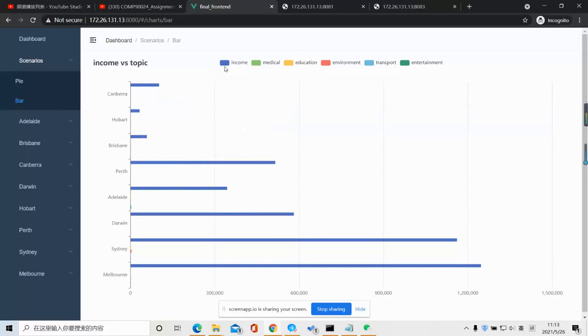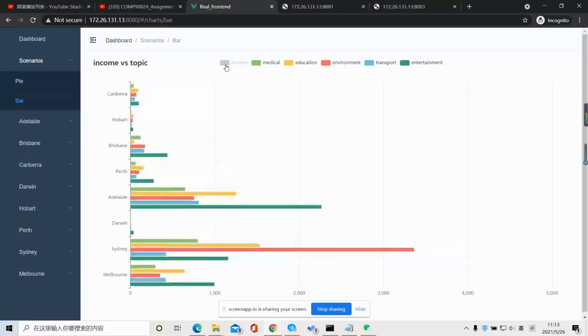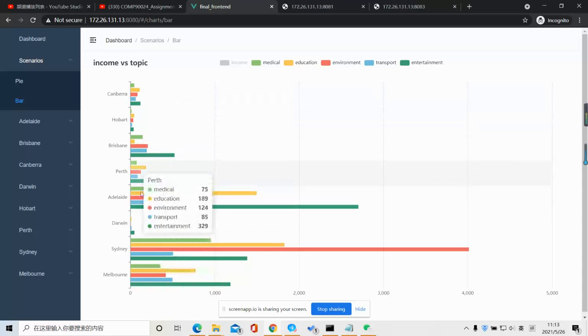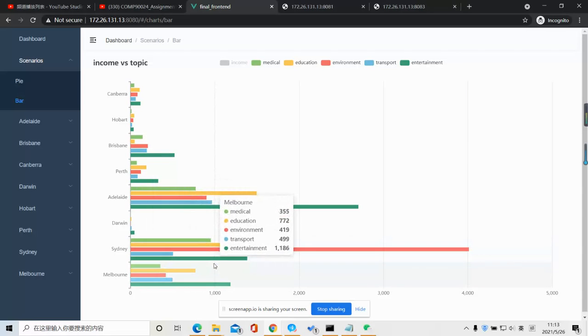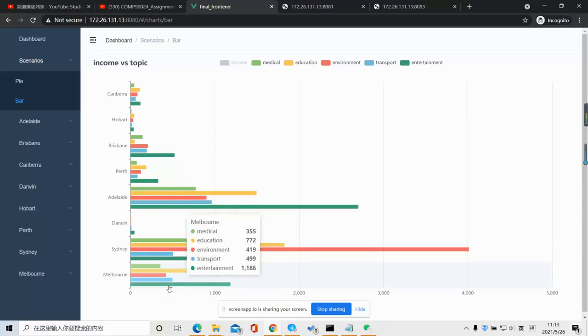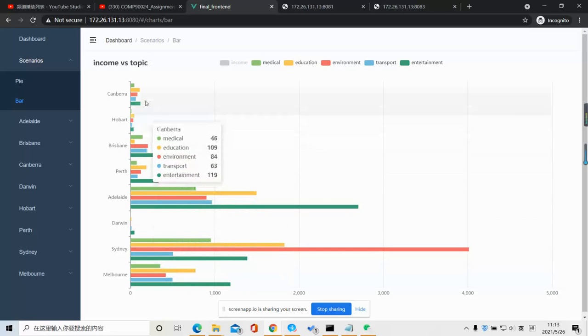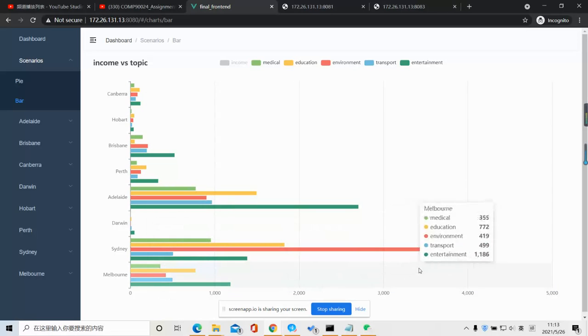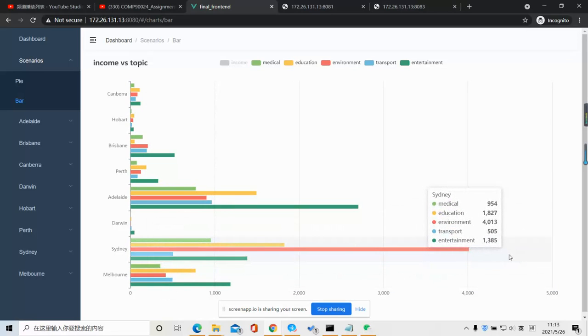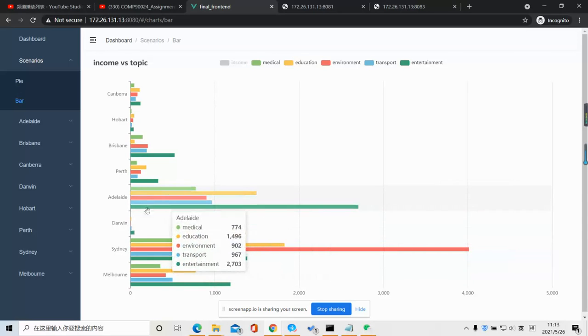And when we deselect the income option, the other topics' discussion levels become more clear to see. So in this bar chart now, we can see the discussion level of different topics across different cities.